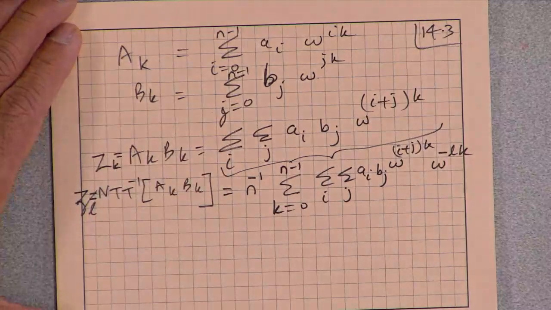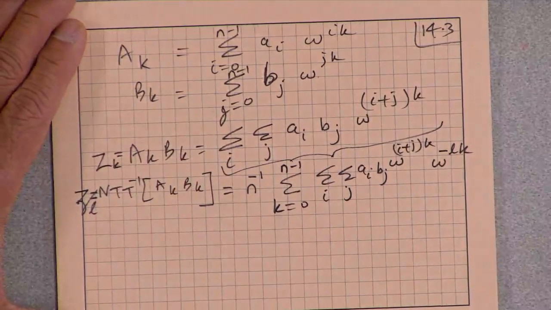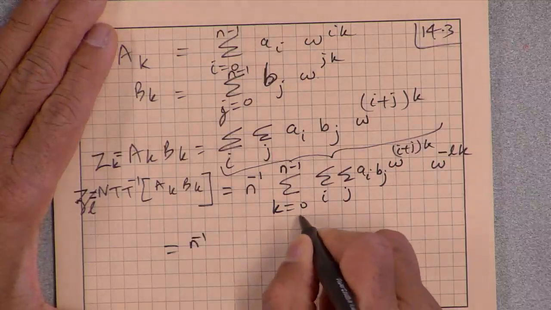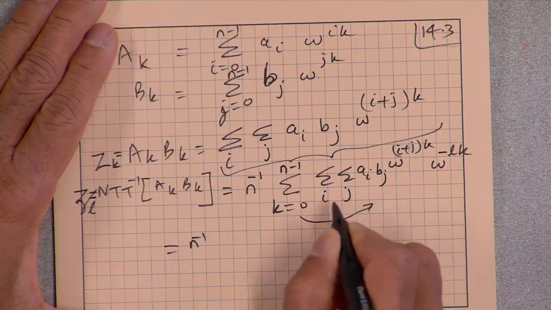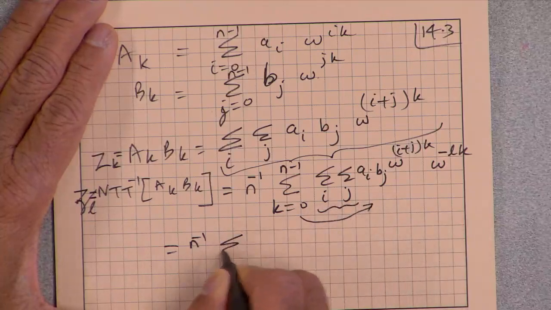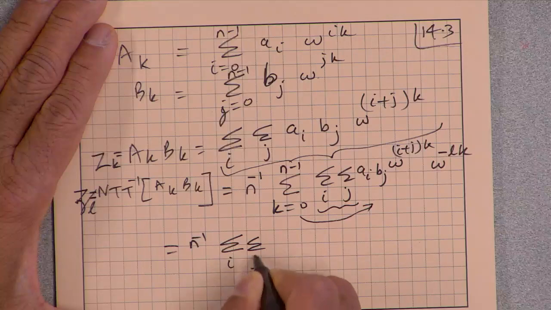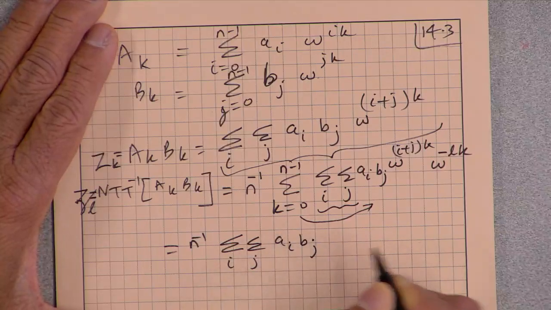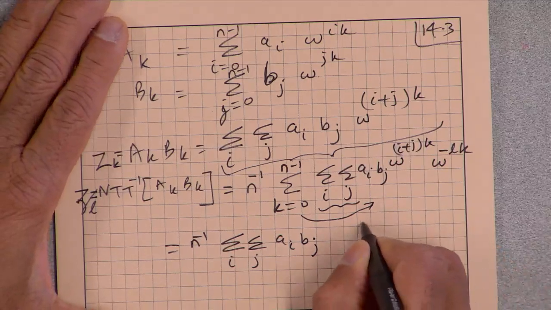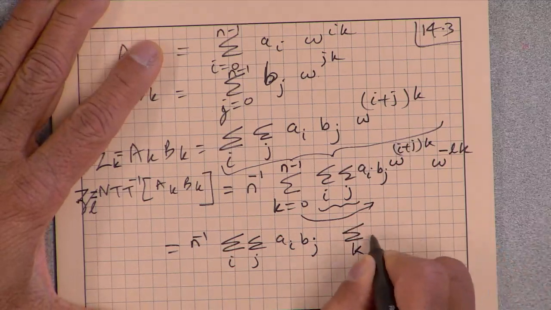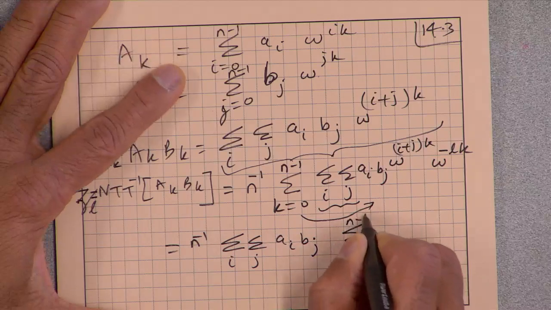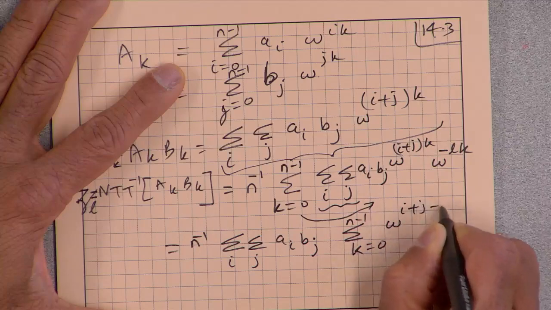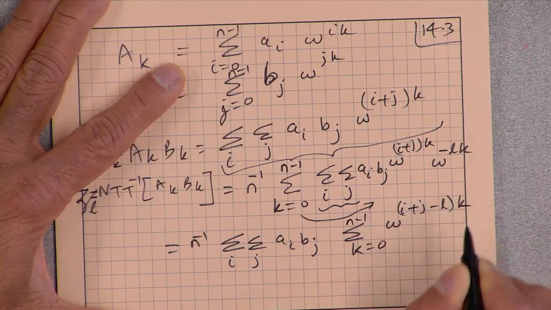All right, so then if I go through the summing index, k goes inside and the i and j double sum comes outside: summed over i, summed over j, a_i b_j, and then summed over k equal to 0 to n minus 1 of omega to the power (i plus j minus l) times k.